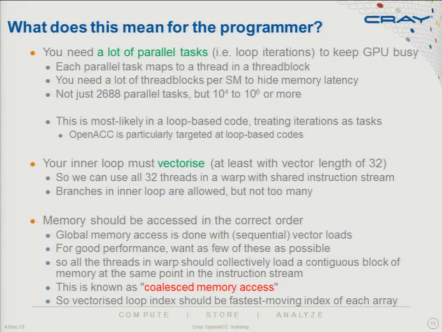If it has some task-based parallelism, that could be all right, except you probably haven't got enough tasks. You don't want a few thousand tasks, you want tens of thousands or millions of parallel tasks to keep the GPU busy. And so OpenACC is particularly targeted at parallelizing loop-based codes. Your inner loop must vectorize.